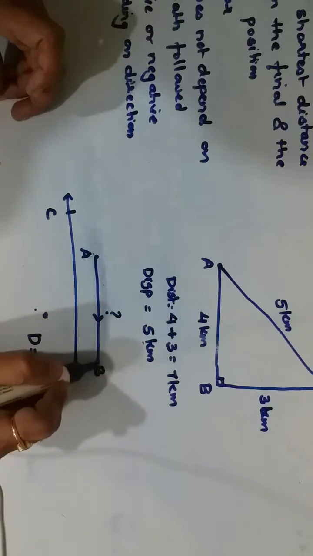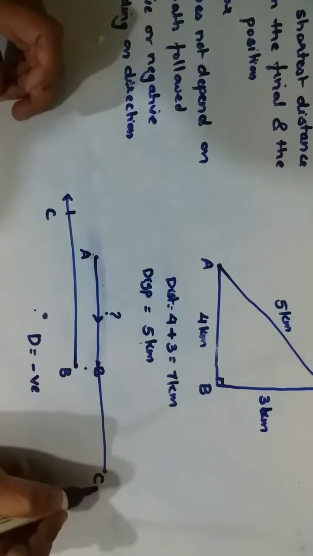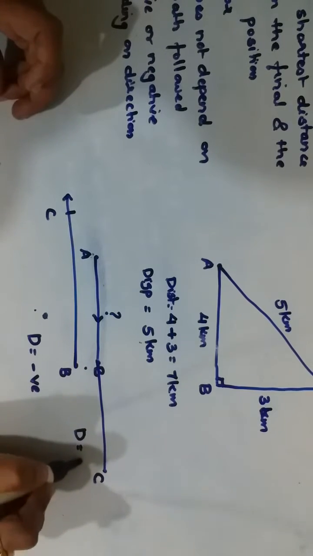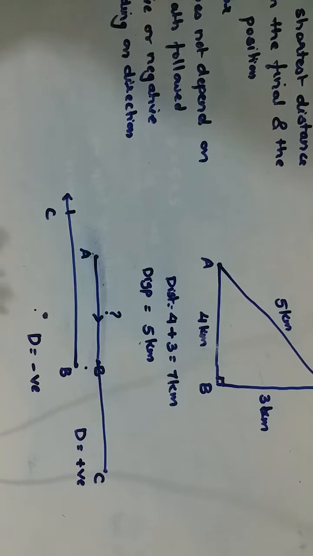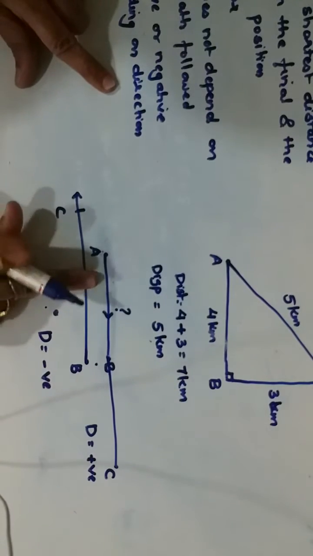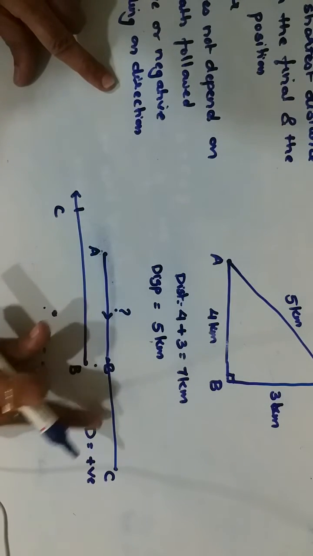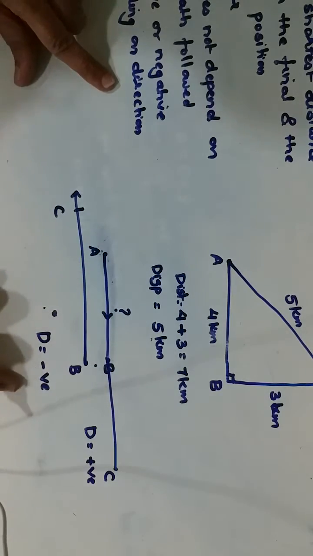But if it is moving from A to B and again from B to C in the same direction, then your displacement becomes positive. Getting it? Positive or negative depends on the direction. If the two are moving in the same direction, it is positive. If they are moving in opposite directions, it is negative. Okay, that was the fourth point.